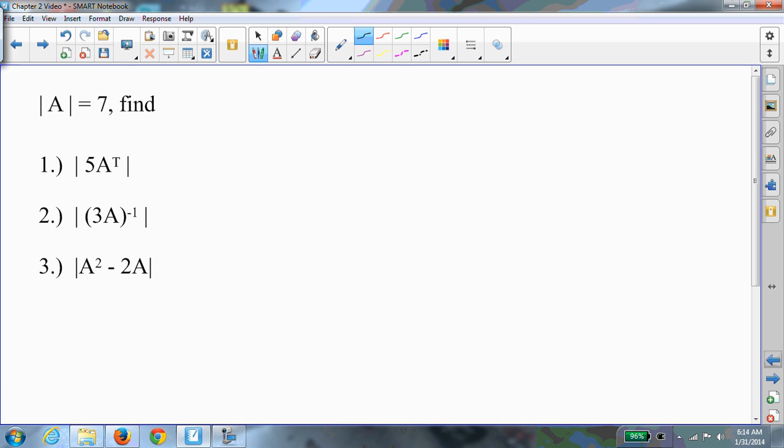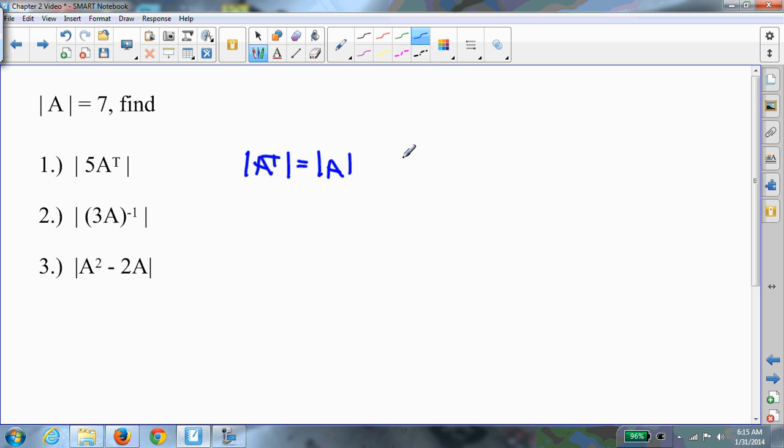Alright, so again, I'll use some properties of matrices. Let's say I have a matrix. Don't know how many dimensions, but I know that the determinant is equal to 7. Now I want to calculate the determinant of 5A transpose. Well, to review a couple of the properties, I know that the determinant of A transpose is equal to the determinant of A. But I have 5 times A transpose, and I don't know how many rows, so I have n rows that got multiplied by 5.